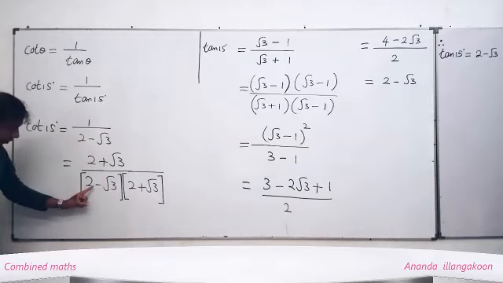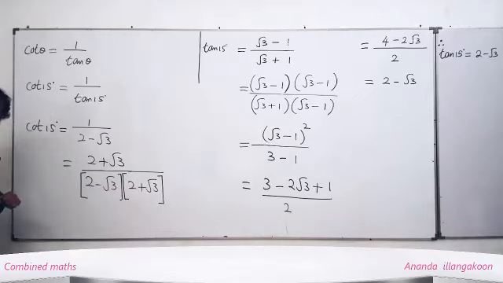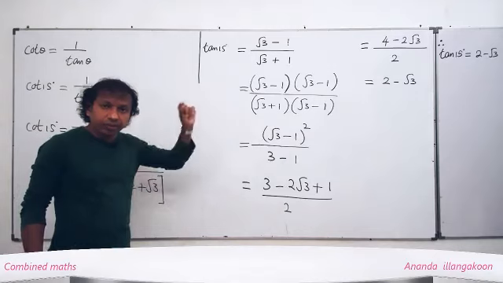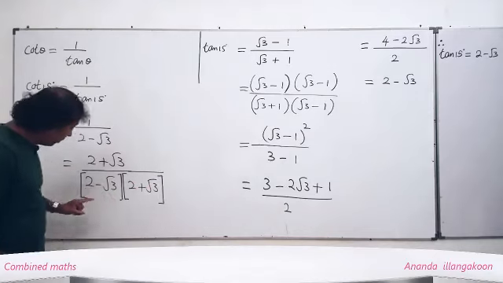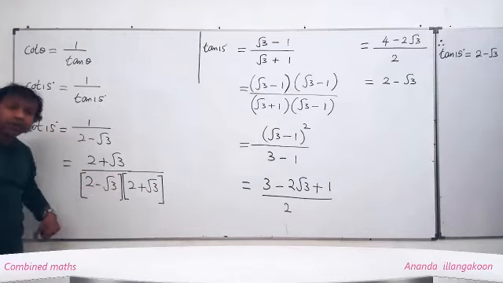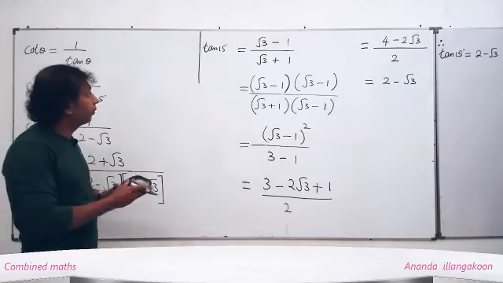This is like A minus B into A plus B. A minus B into A plus B means, people, A squared minus B squared. That means square of this minus square of this. Once you square this, people, the root will eliminate.